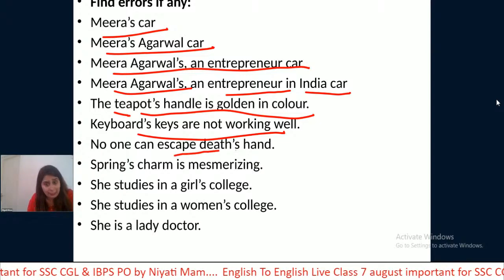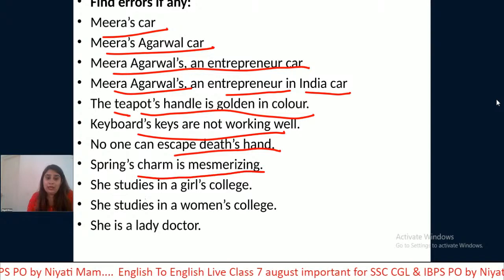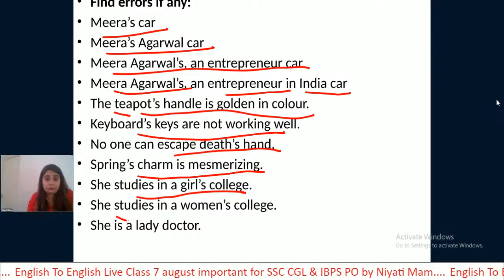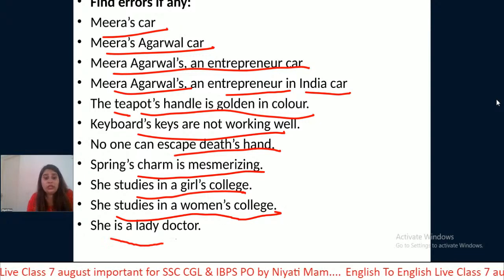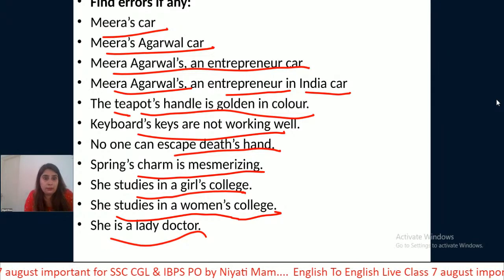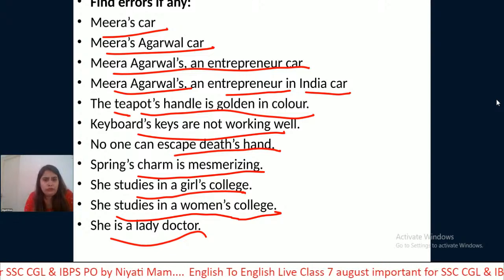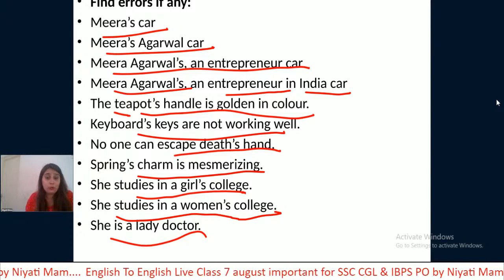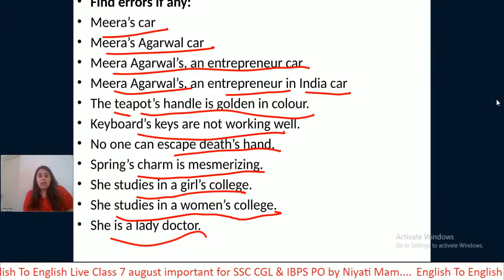No one can escape death's hand. Spring's charms is mesmerizing. She studies in a girls' college. She studies in a women's college. She is a lady doctor. Okay, so there are nine to ten bullet points in front of you, and you need to find errors in them.